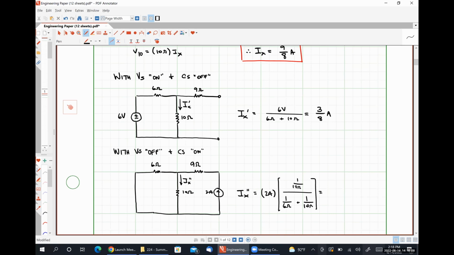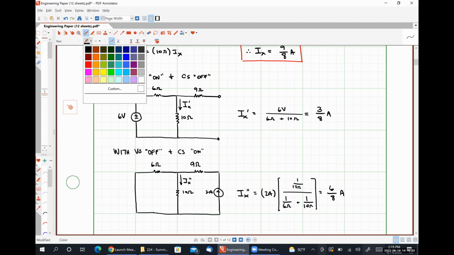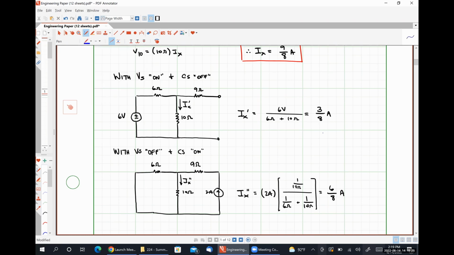I'm going to throw this into my calculator real quick. And I get 3/4 of an amp, which is the same as 6/8 of an amp.